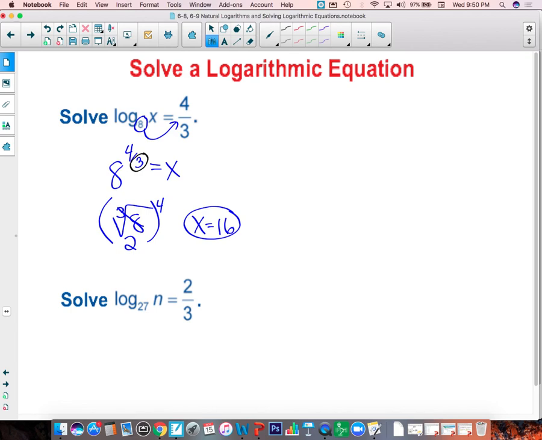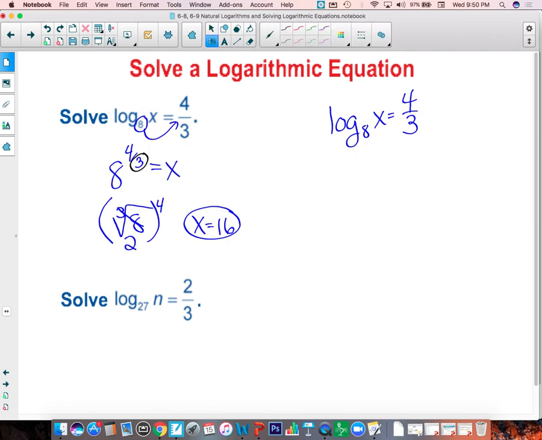The second way is using those inverse properties that I had you guys write down with the big yellow boxes below it. So this way is called exponentiation, or it's another way to exponentiate. I want to cancel out that log. So you look at the base.